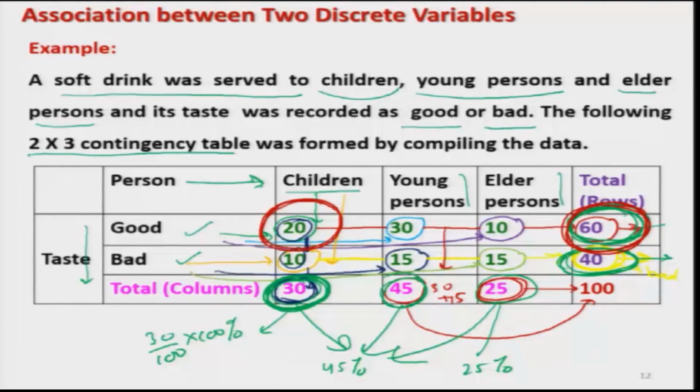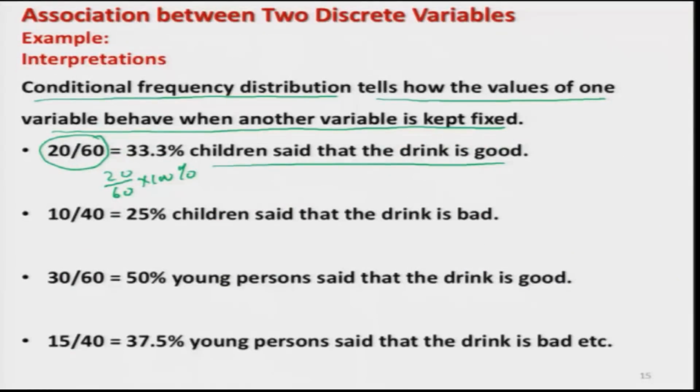So, I am fixing one variable here, which is good. That is the idea of the conditional frequency distribution: I have fixed the variable good, and then I find the conditional frequency by taking the absolute frequency 20 and the marginal frequency 60, and this gives us information on how many children said the drink is good.